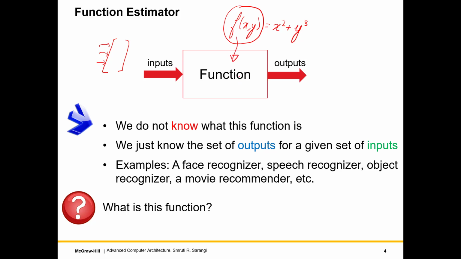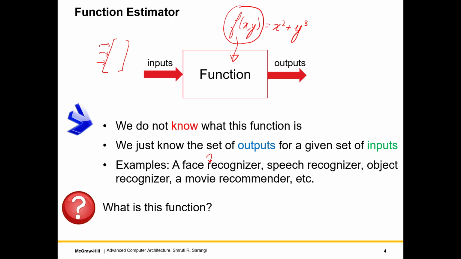When would such a case be? Whenever we are talking of any intelligent action, like the human brain, for example. We know the inputs that are typically given to it, and we know the output, but we don't really know the exact function that the human brain uses. What would be some of those advanced functionalities?